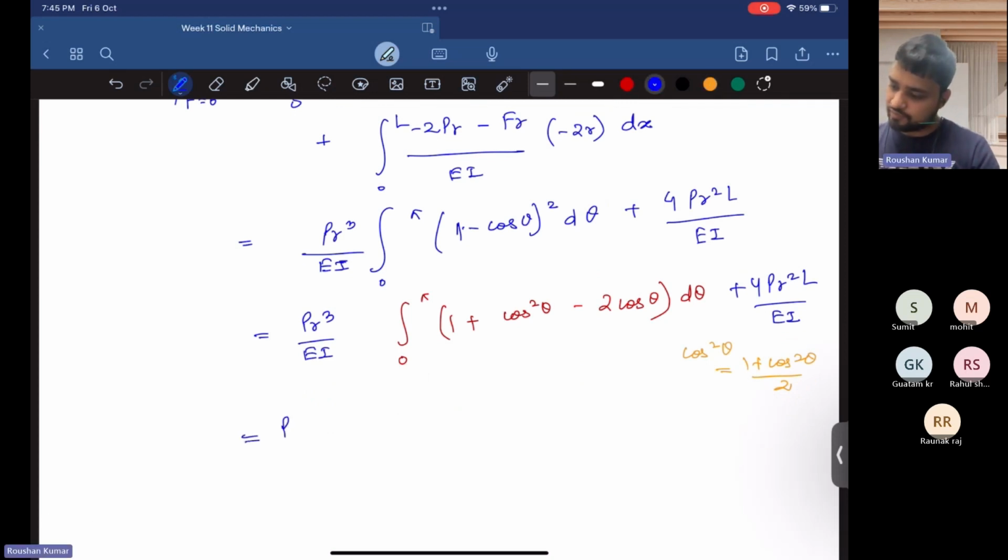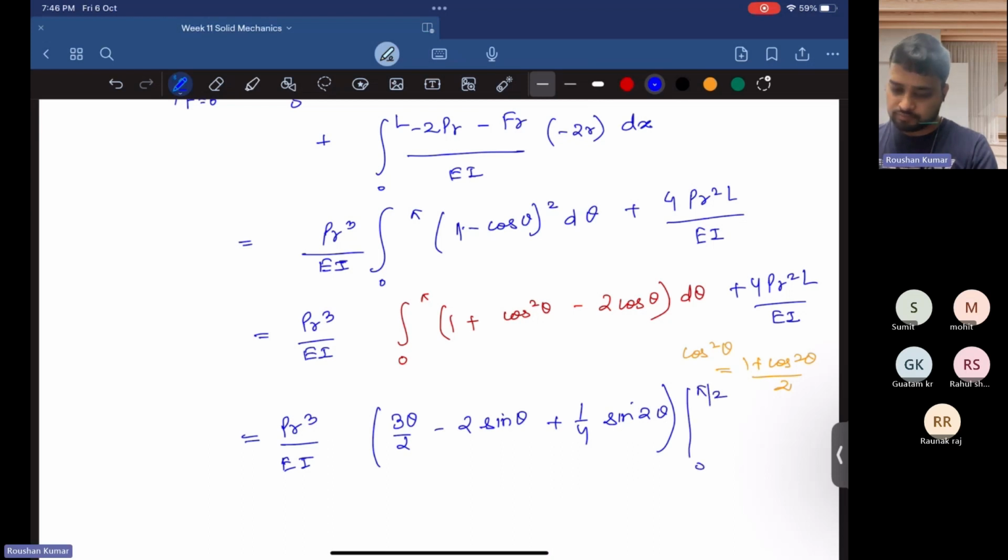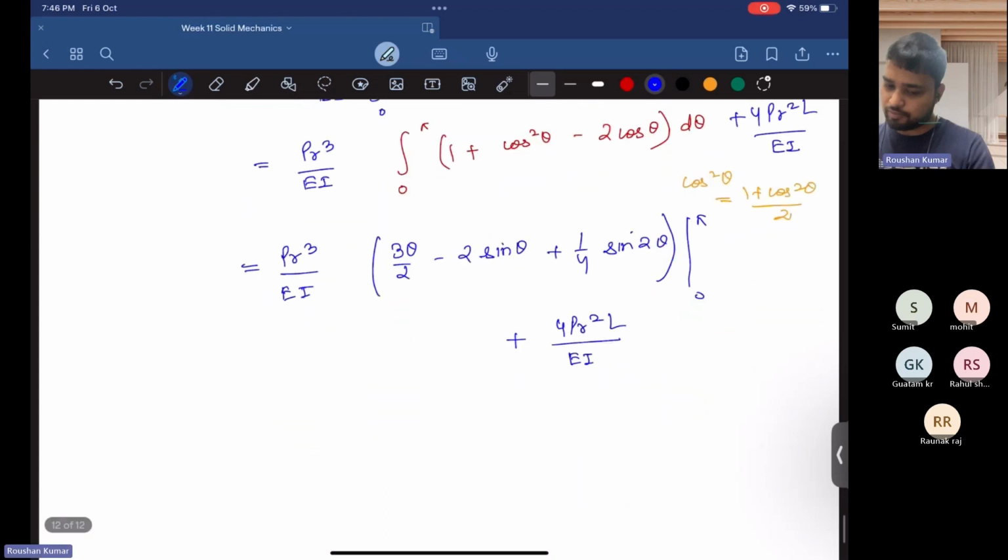So using this we will get PR cube upon EI, (3 theta by 2 minus 2 sin theta plus 1 by 4 sin 2 theta) from 0 to pi, plus 4PR square L upon EI.